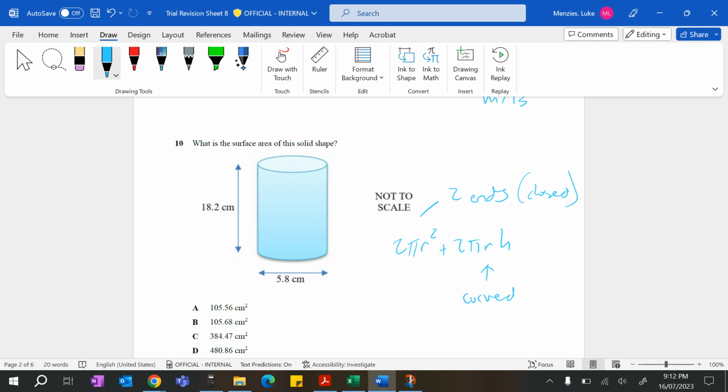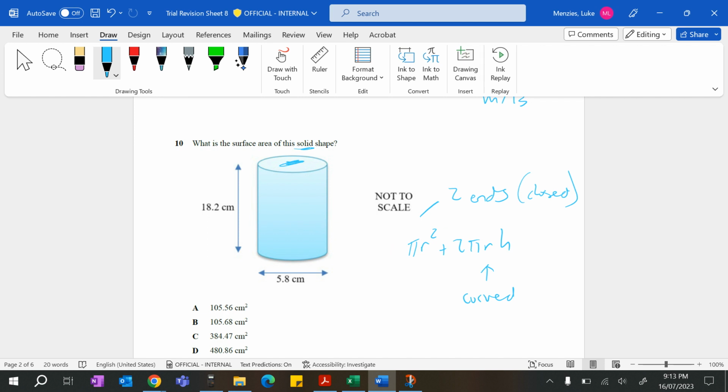If it was indeed open, they would say something like that. But when they're saying this is a solid shape, there would be no real top and bottom, so you'd include both, as a closed cylinder. If this was more like a tube where there was one end on it, you just take the two off, because you only have to account for one of these circles, top or bottom.